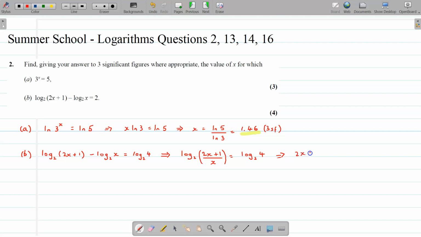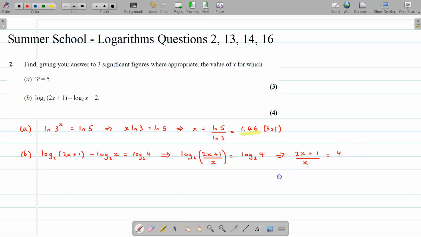2x plus 1 over x is equal to 4. And that's effectively what's happened there. Then you just solve that linear equation, and it's very easy to solve. You just multiply by x. 2x plus 1 equals 4x.